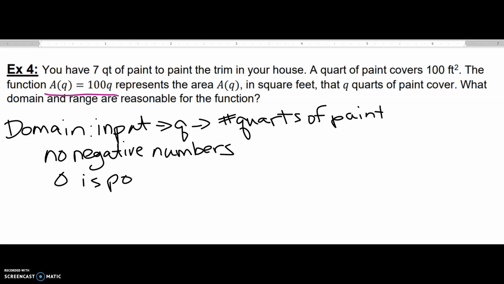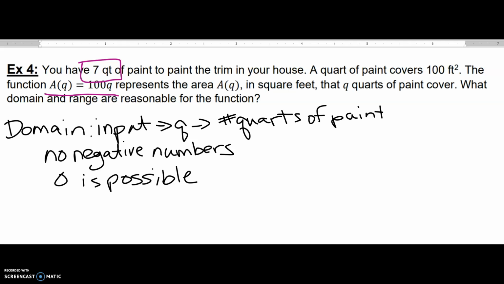Okay, so now let's look at our positive numbers. We could use 1 quart of paint, we could use 2 quarts of paint, and we could keep on counting. We have to think about where we are going to stop, though. And in this case, if you look back at the problem, it says in here that you only have 7 quarts of paint. So you can use up to that 7 quarts.